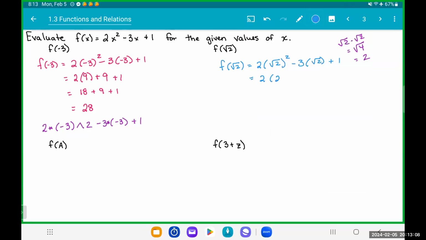So that's going to give me 2 times 2 minus 3 square roots of 2, because there's no lowering that or anything, plus the 1. And so we only have one more step to do, and that's 2 times 2 is 4 minus 3 square roots of 2 plus 1. And then the last combination is 4 plus 1 is 5 minus 3 square roots of 2.